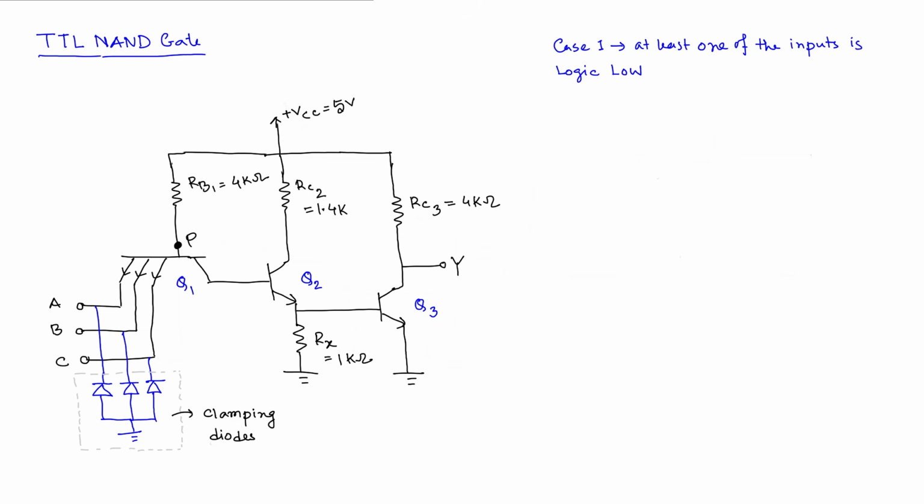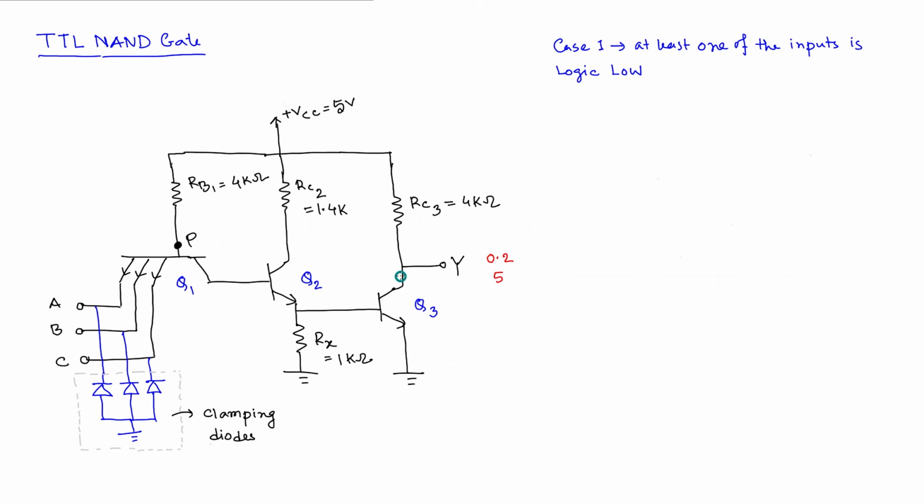So if at least one of the inputs is 0, let us take one example. In this kind of circuit, logic low at the output is 0.2 volt, and whenever the output is high, the voltage is 5 volt, because this depends upon the output transistor.